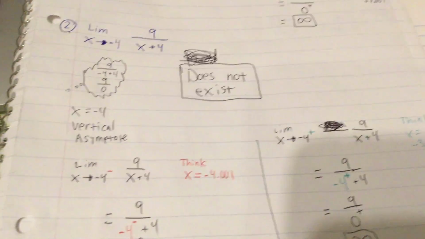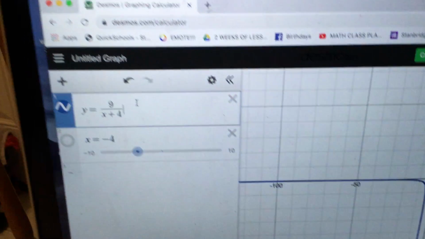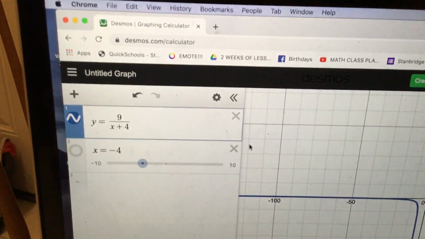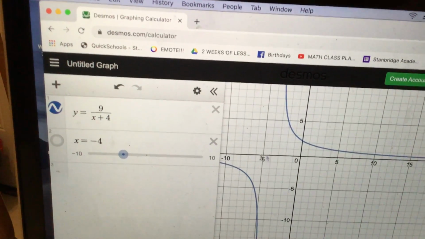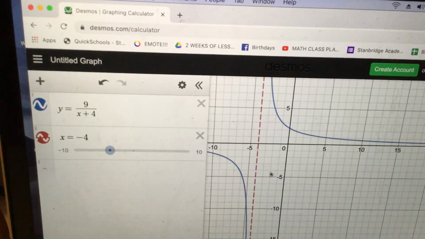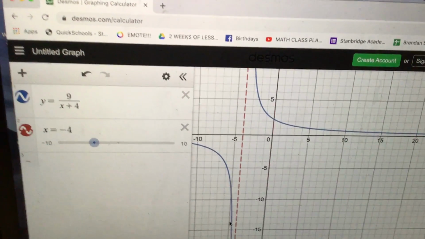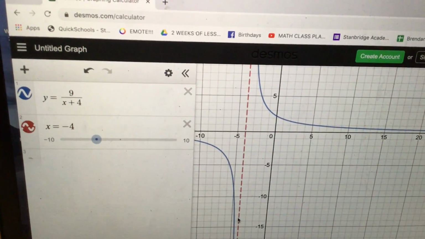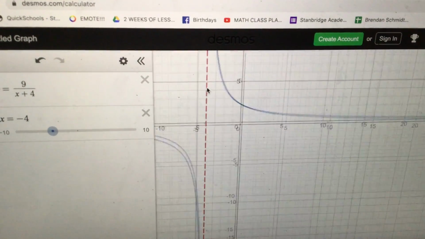Okay. And just to show you the graph, I was typing it up. So if I were to show you the blue graph, 9 over x plus 4, you'll notice that if I get closer and closer, it forms a vertical asymptote at x equals negative 4. So if I were to trace it from the left side, the graph wants to go to negative infinity from the left side and positive infinity from the right side.